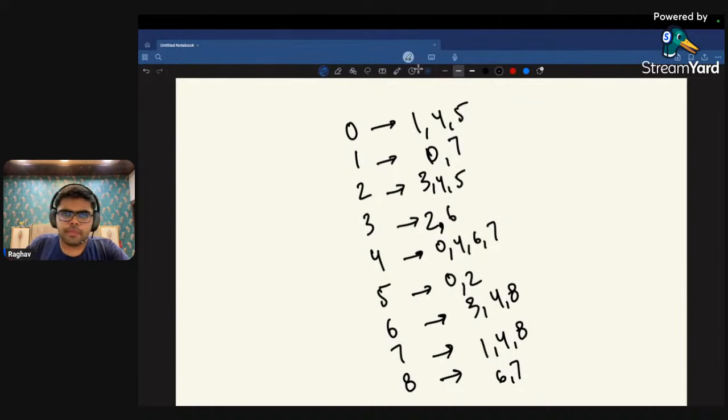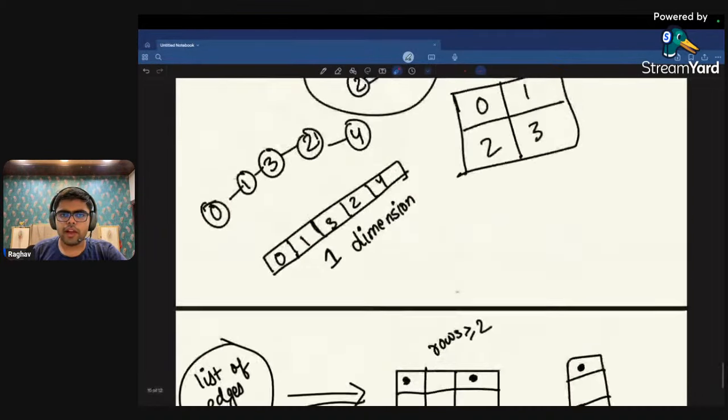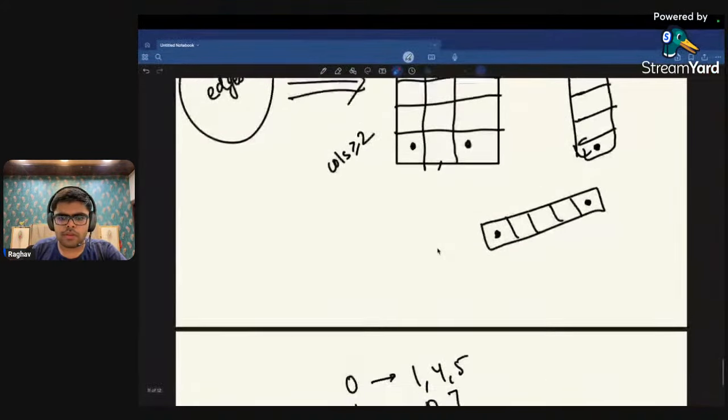So maybe you can already observe it on your own that all the corners will have two neighbors. Let's take this example.